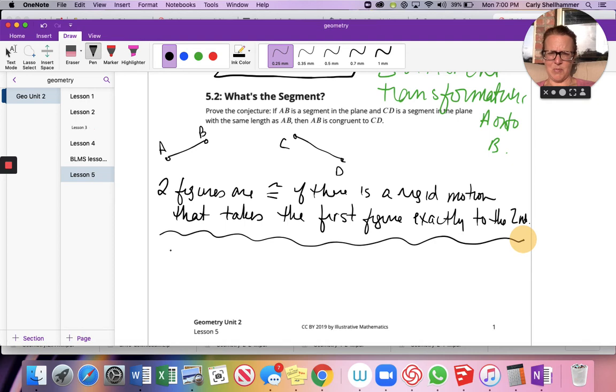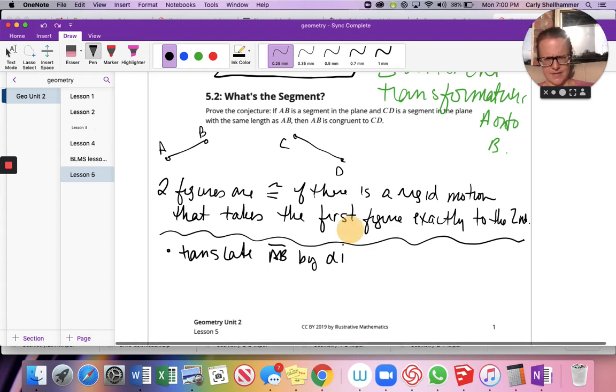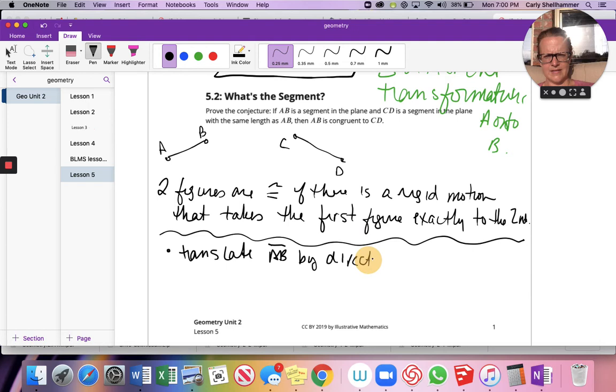So I'm going to just bullet point it. Translate segment AB, that's how I write segment AB, by directed line segment AC. Okay, remember early on we called those vectors?